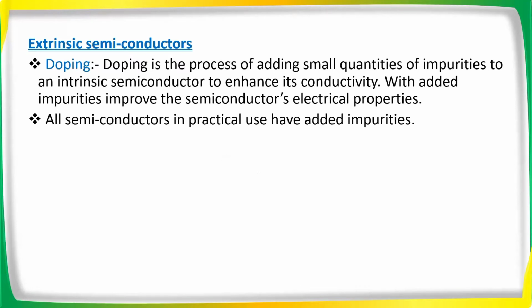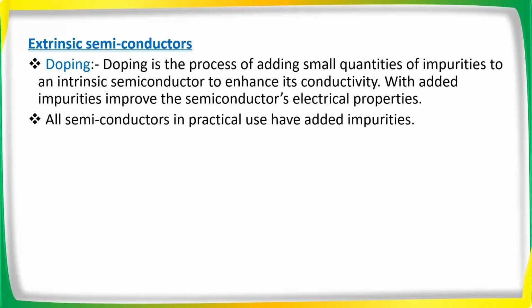Now, for that intrinsic semiconductor, other than temperature, we want it so that we can use it at room temperature. So what we do is add some quantities of impurities. The impurity in this case is not an impurity per se, it is an atom. You're combining it with another atom to increase its conductivity so that it starts conducting at low temperatures, so that we can use it in our appliances.